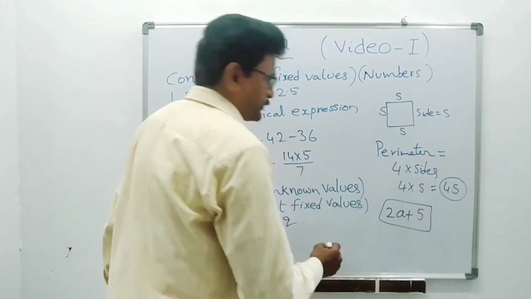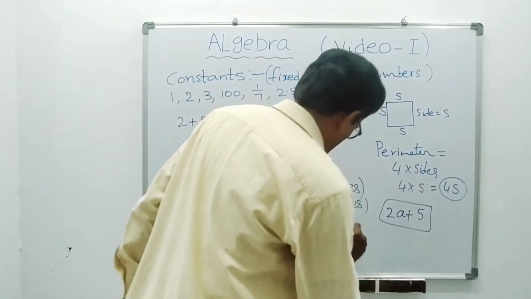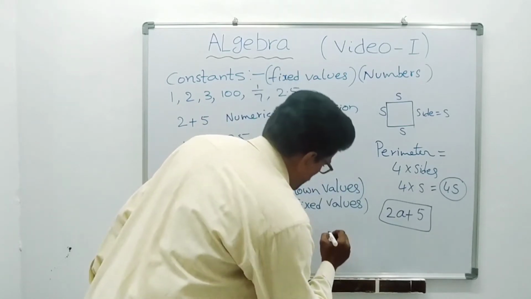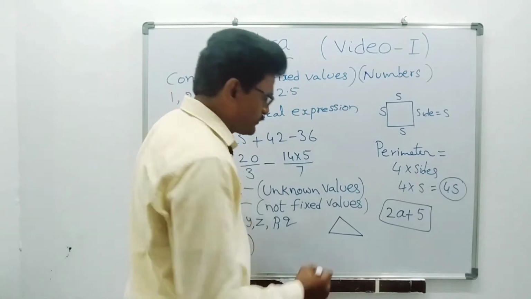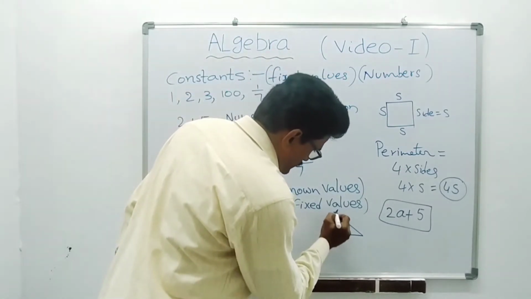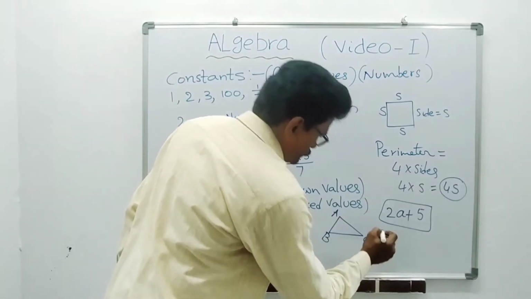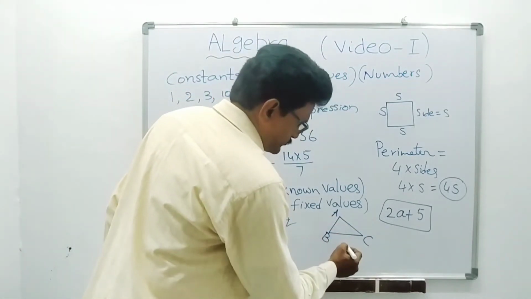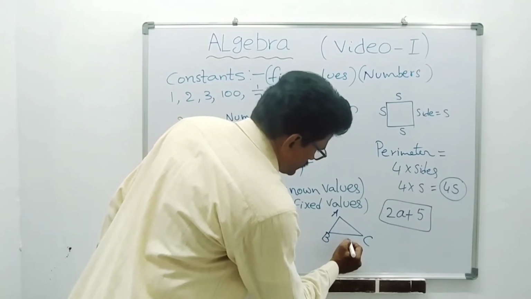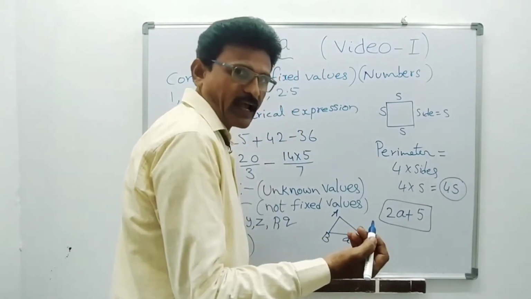Now, see this. One more example. This is the triangle ABC. I will put the names ABC. In this triangle, suppose for this length I will give small a. I don't know the actual length.